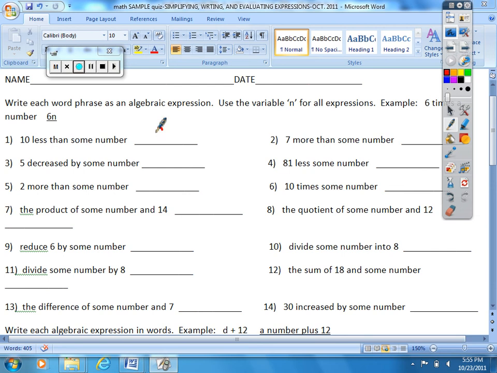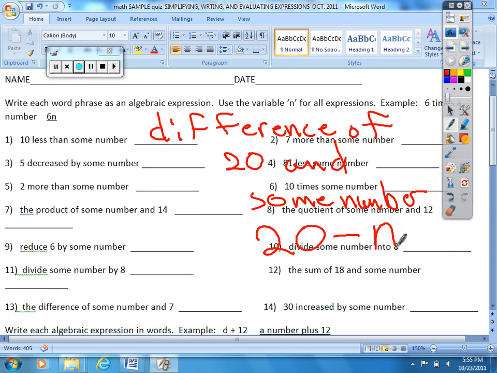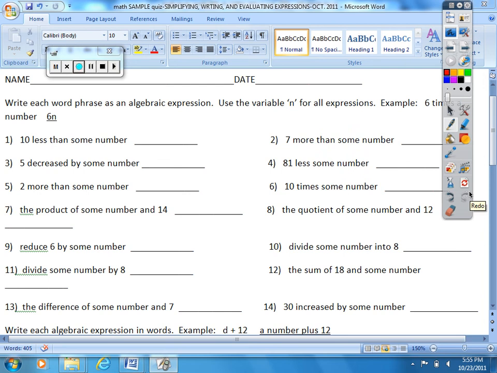If I've got this statement, the difference of 20 and some number, well, technically 20 should be first. The difference of 20 and some number. So if it just says the difference or the quotient, go ahead and write which one comes first in your expression. All right, let's move on.